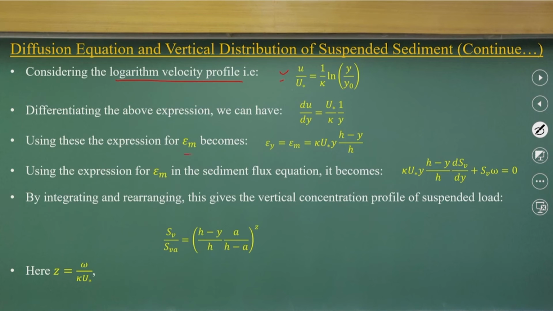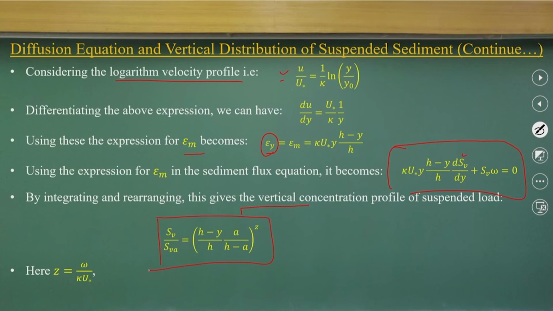Using these expressions we can compute the sediment exchange coefficient and also the momentum exchange coefficient in turbulent flow, and you can get a new equation in terms of Cs. If you solve that simple equation, you will get a relationship.